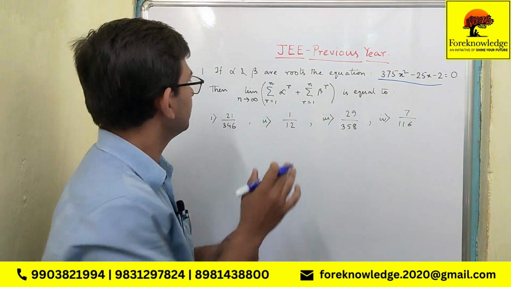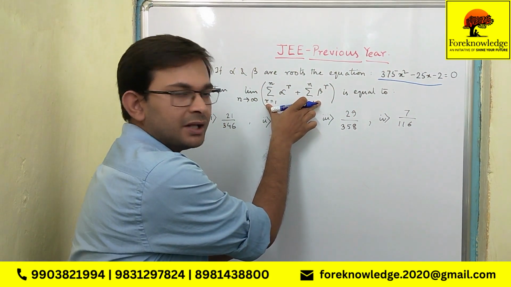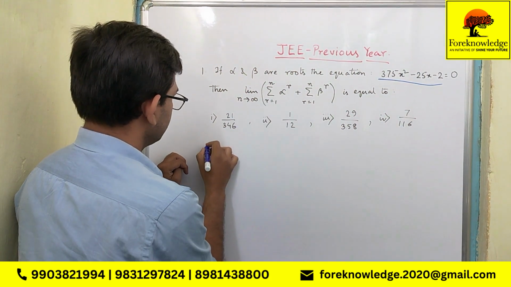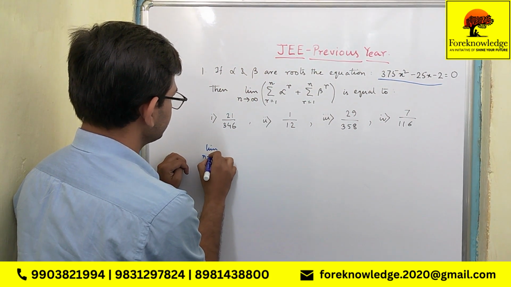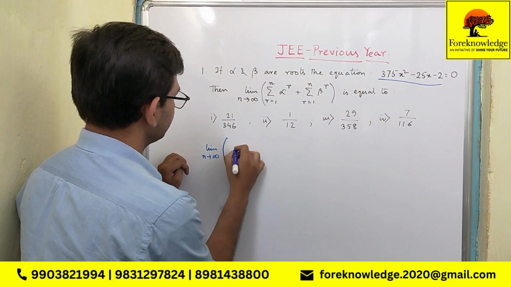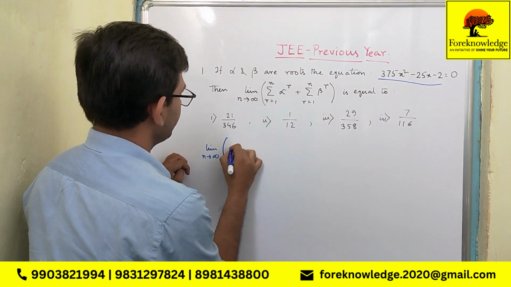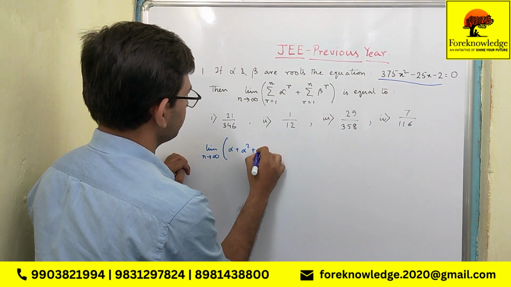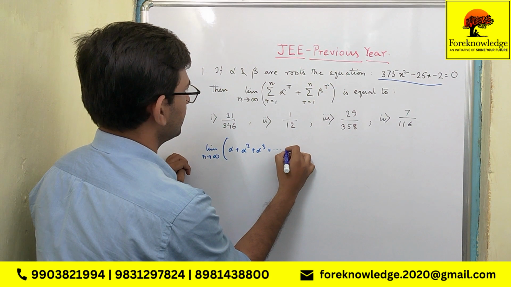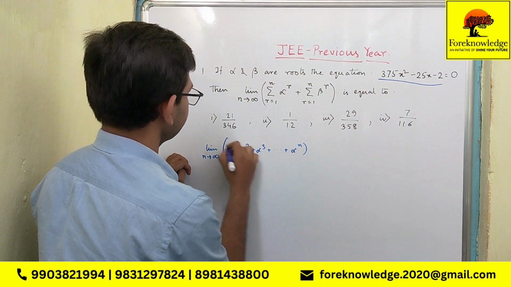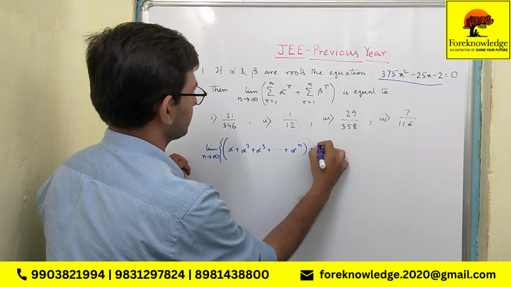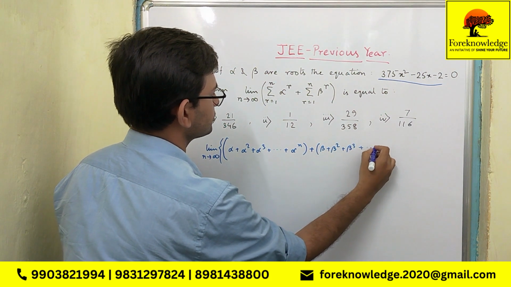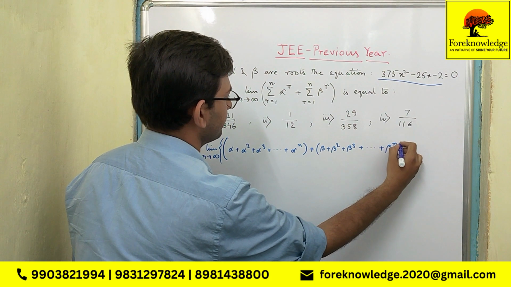Now first, let us expand this one. Then we will understand how we have to proceed. Limit n tends to infinity of alpha plus alpha square plus alpha cube up to alpha to the power n, plus beta, beta square, beta cube and so on up to beta to the power n.